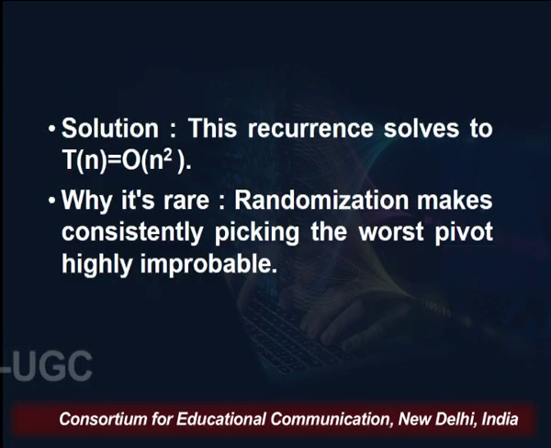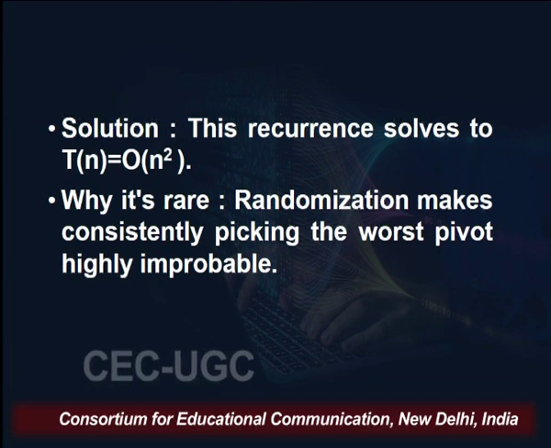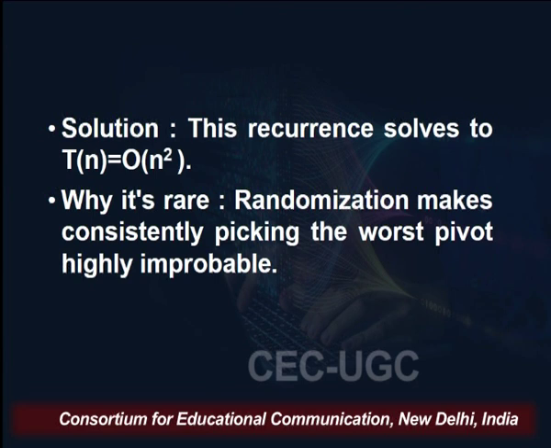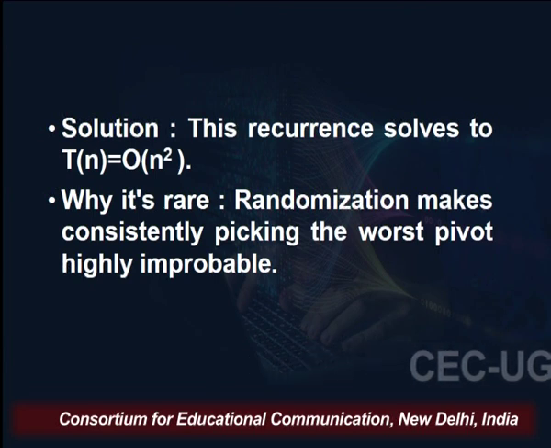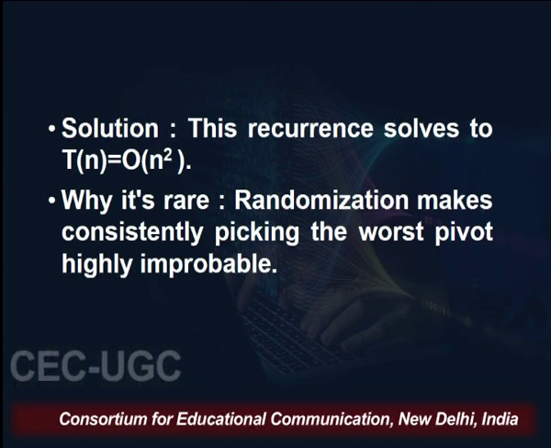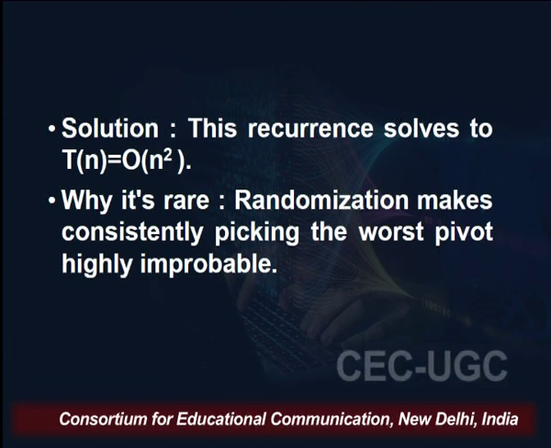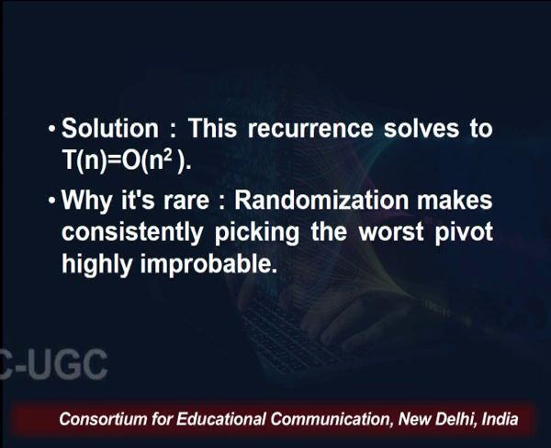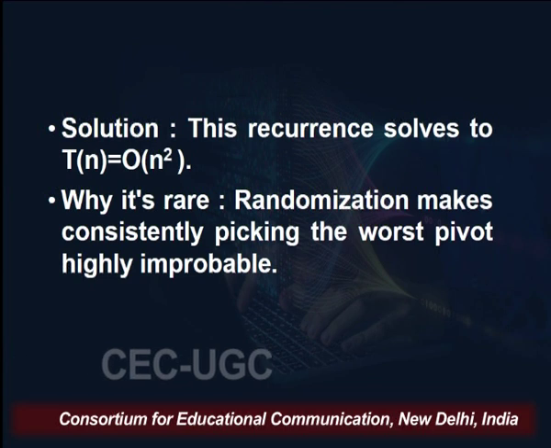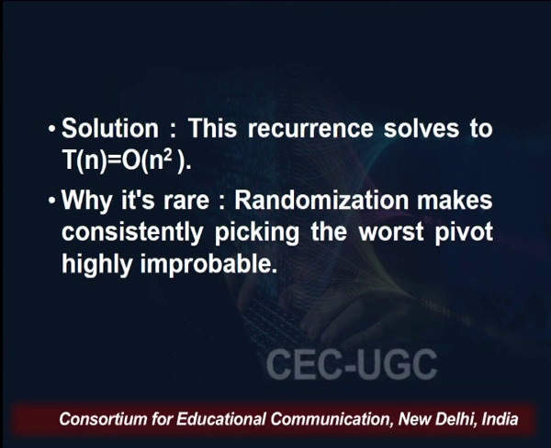If we try to solve this recurrence relation, the simple solution comes up as T of n equals order of n square. But the point is, this is actually a rare scenario. Although this is the worst case scenario in case of randomized select, it is rare. Why is this rare?